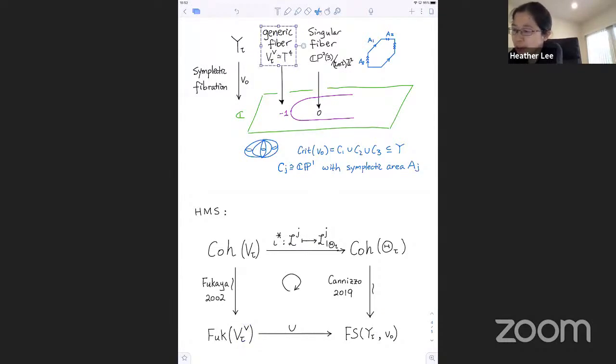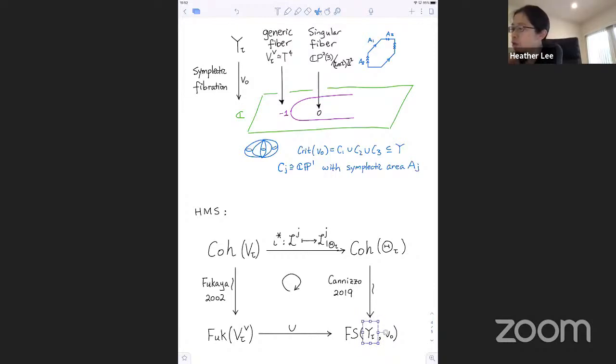So we can take a Lagrangian submanifold in this fiber above -1, and parallel transport this Lagrangian around a U-shaped curve in the base to get a Lagrangian in Y. So take a Lagrangian here in this fiber above -1, and then parallel transport that Lagrangian to sweep out the bigger Lagrangian in Y. So this is a U map that maps Lagrangians here to Lagrangians in Y. And you can think of this U as an infinite circle in the base.